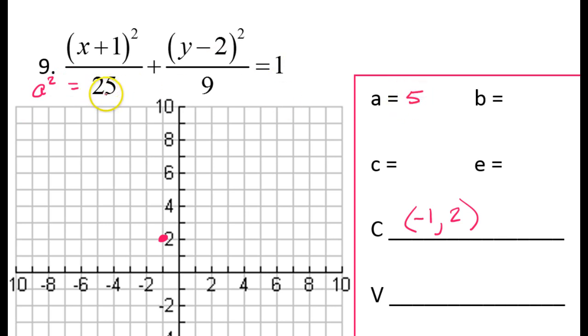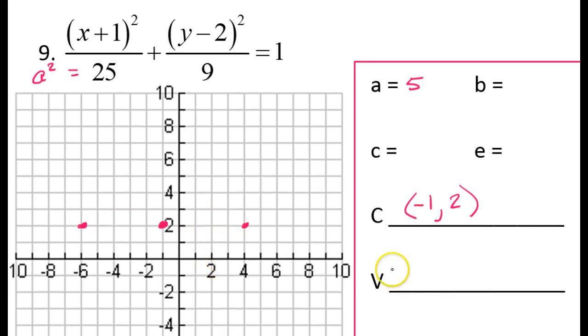Because the 25 is with the x term, I will do plus and minus 5 in the x direction. So I will go 5 to the left and 5 to the right. These are my vertices. So my vertices are -6, 2 and 4, 2.